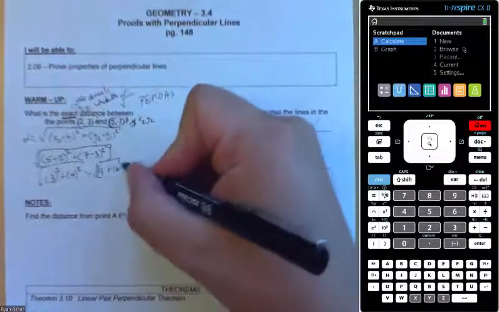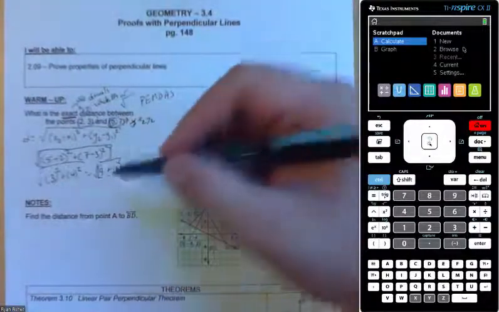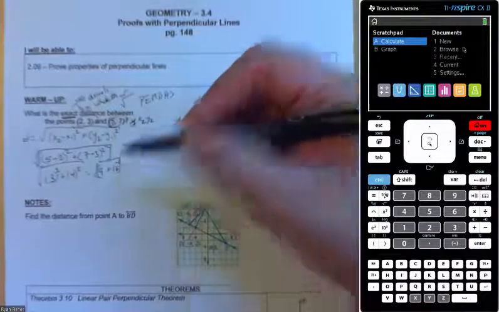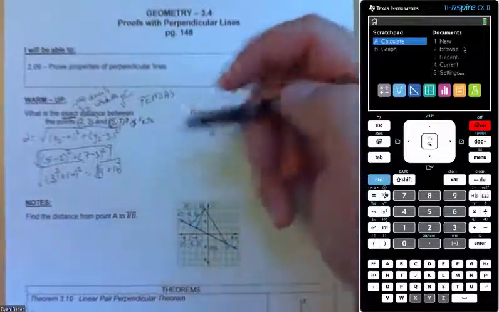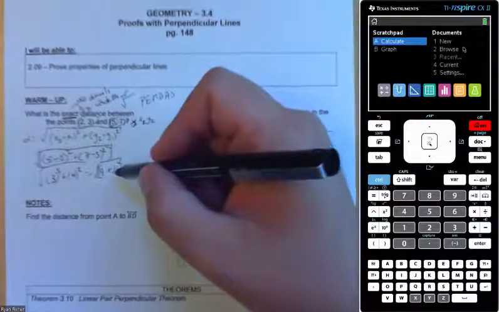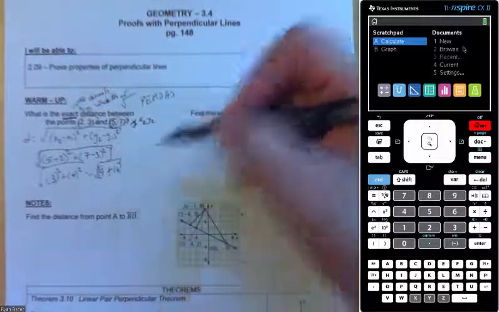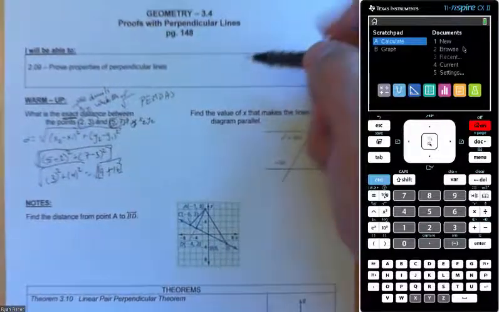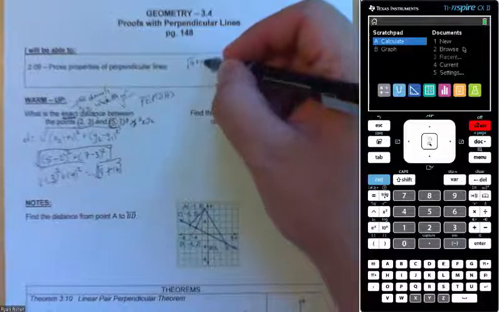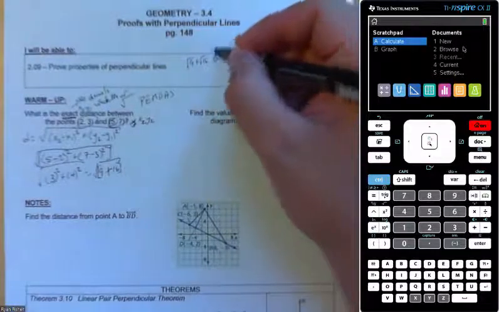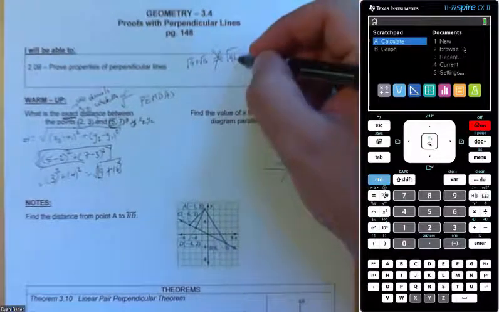This square root is like a big set of parentheses, so I need to simplify what's inside of it first. Moreover, when simplifying square roots, you cannot break up square roots over addition or subtraction. The square root of 9 plus the square root of 16 is emphatically not the same as the square root of 9 plus 16.